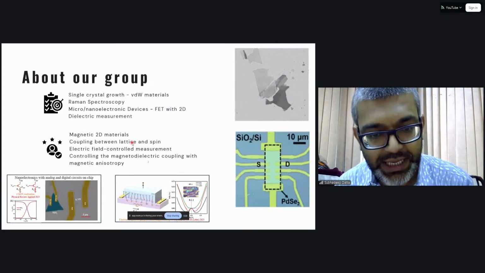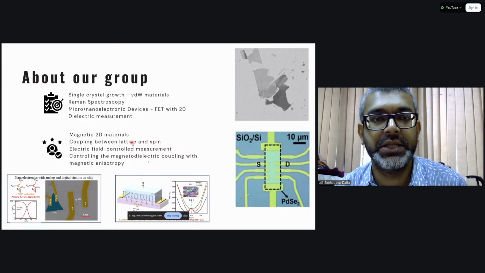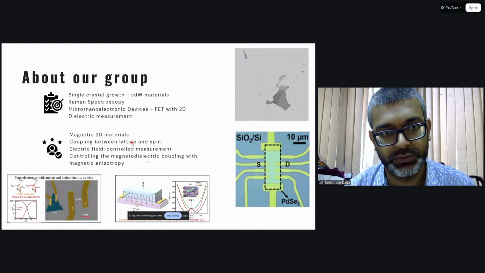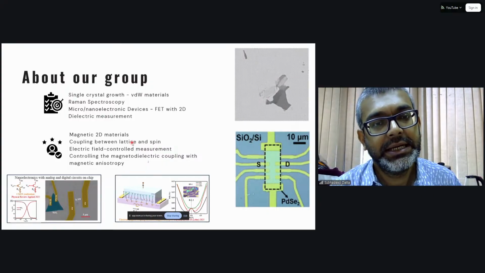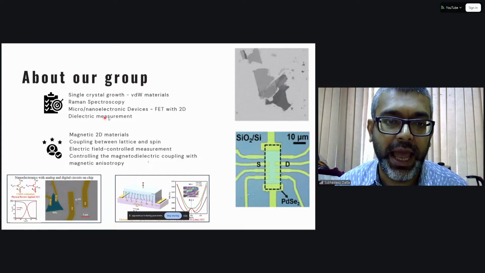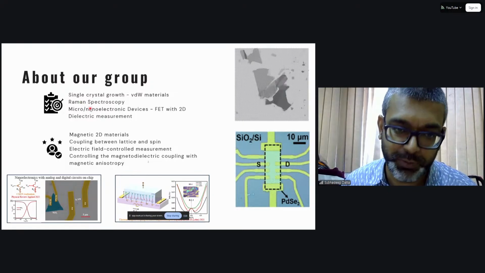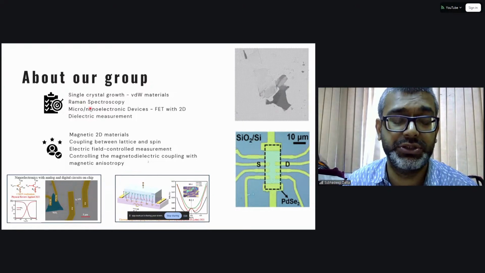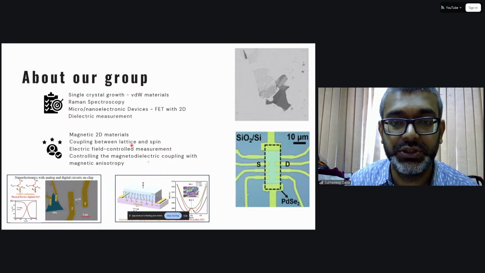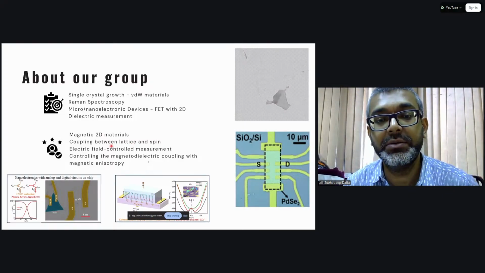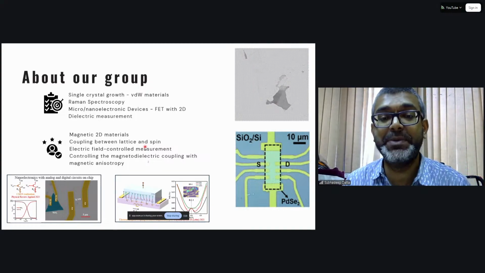To start with, first I give you a short introduction of our group. Research-wise, our group starts with single crystal growth of van der Waals materials. The techniques we use are Raman spectroscopy, fabrication of devices, which I will be showing you, and dielectric or transport measurements. The sample library which we usually follow is magnetic 2D materials, and the physics which we usually probe is coupling between lattice and spin, so, to be specific, spin-lattice coupling.